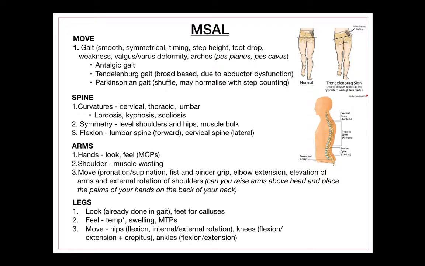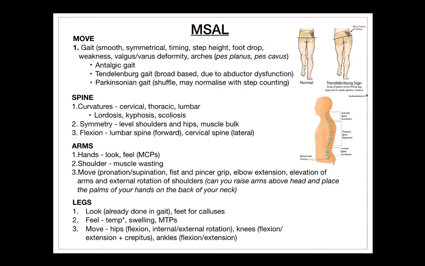And then some of the common types of gait you might see are your antalgic gait, which is your limp, and Trendelenburg gait. And a Parkinsonian gait, which you probably won't see because you're doing normal, but good to be aware of.